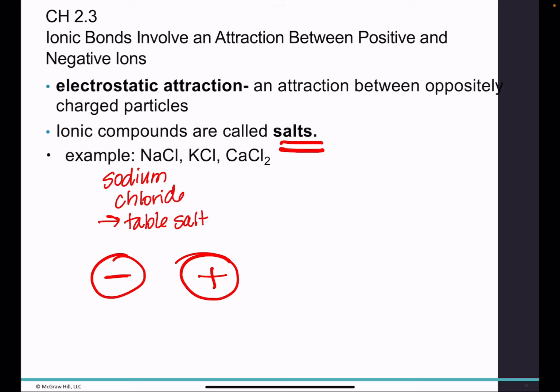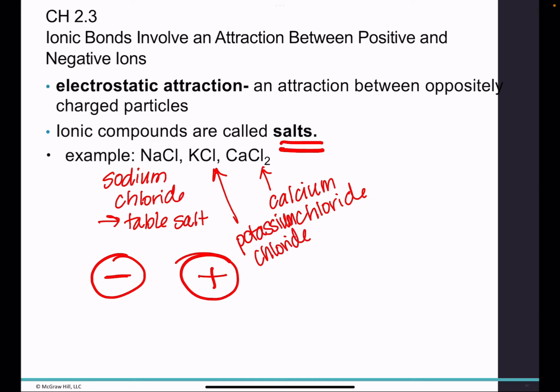Calcium chloride and potassium chloride are other common examples. Chlorine atoms are really commonly found in salts, and that's because chlorine really likes to gain an electron.